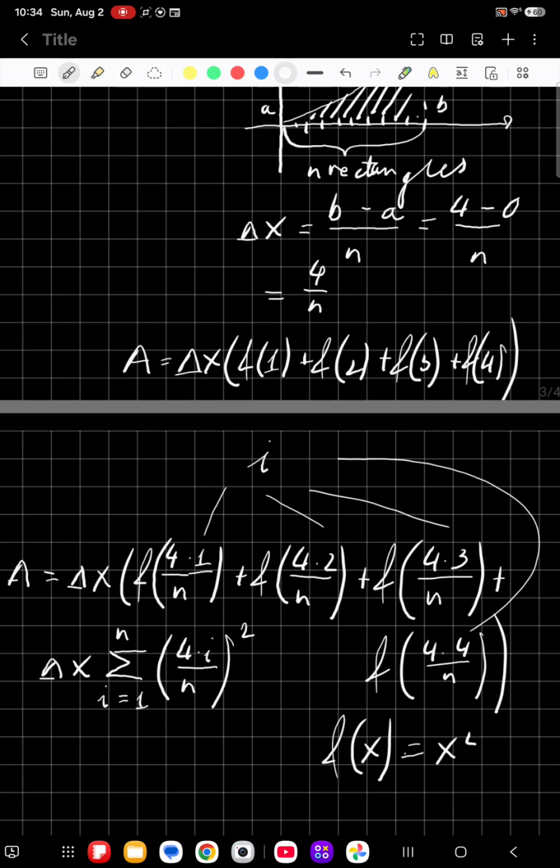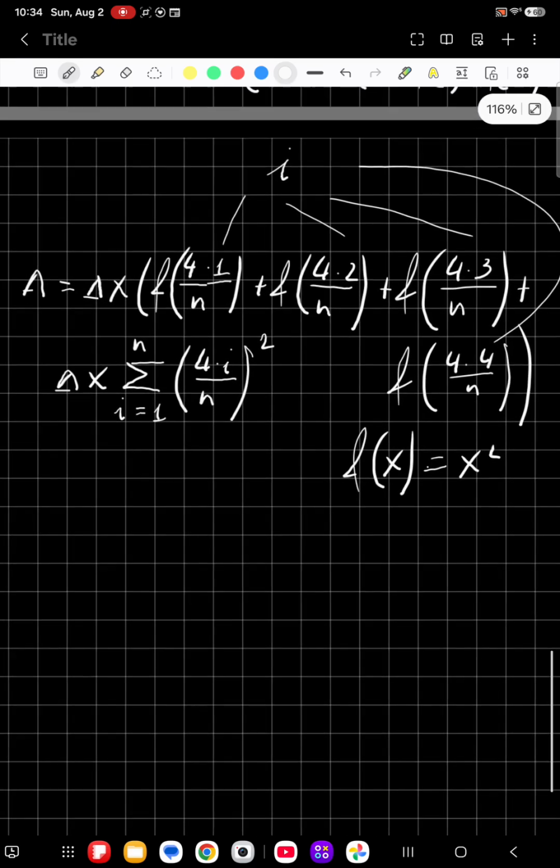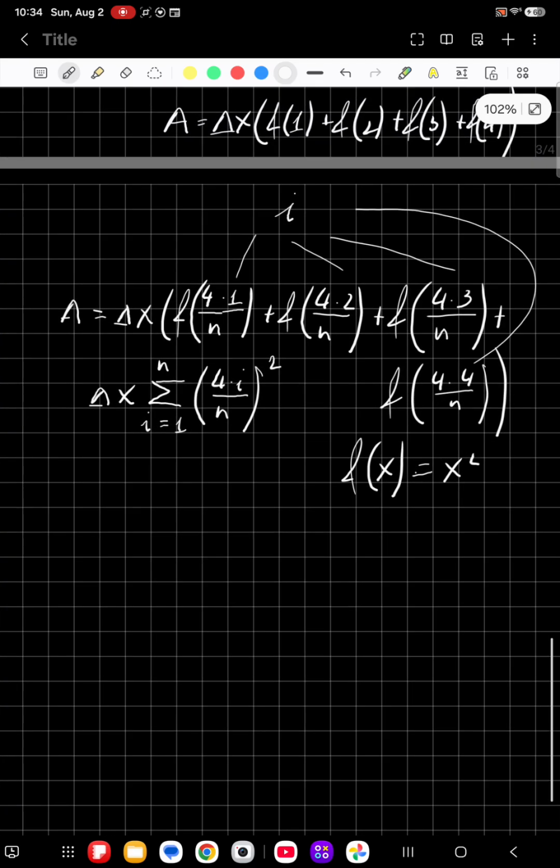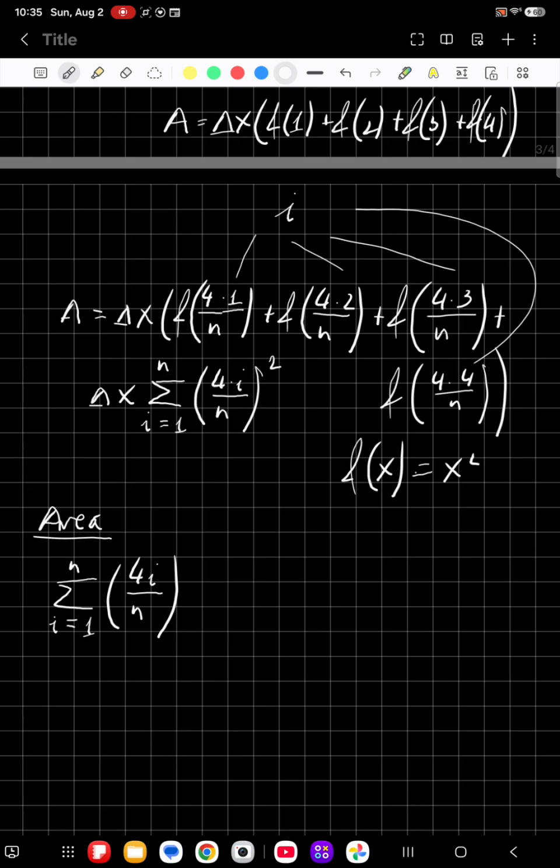So basically the rest is algebra. We have that area, with the summation from 1 to n, and then we have 4i over n squared, and I'll take that delta x.